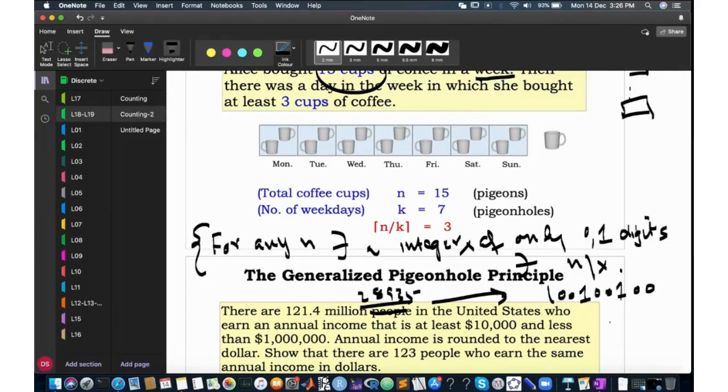There exists another number which only contains digits 0 and 1. Your magic number will divide this number. So any number divides some number which contains ones and zeros. Okay? So you need to prove the existence of this number by pigeonhole principle.